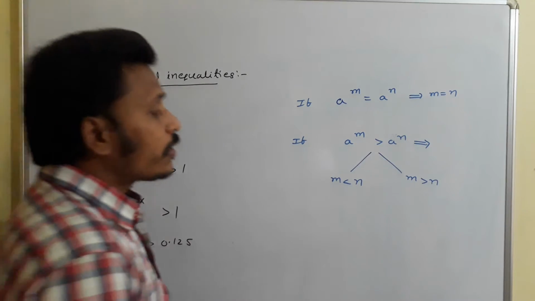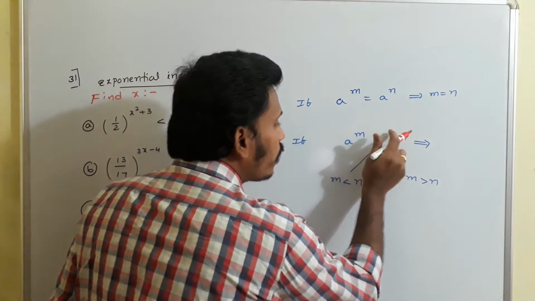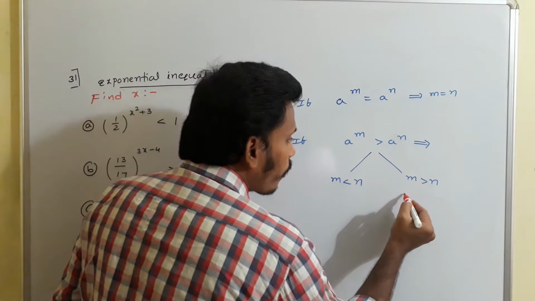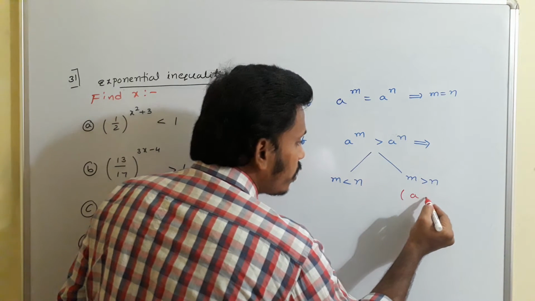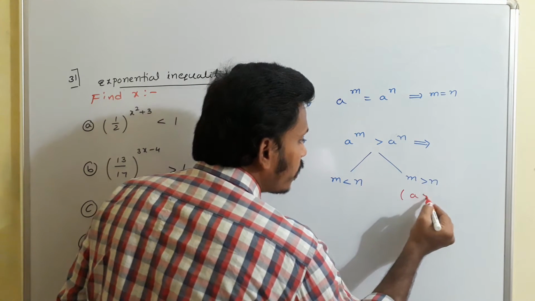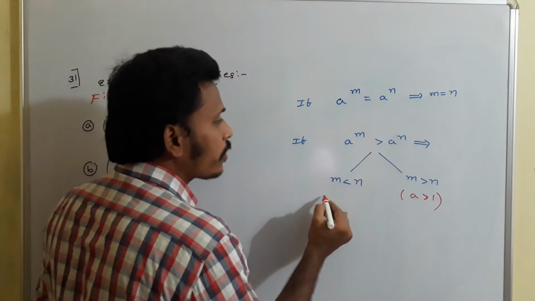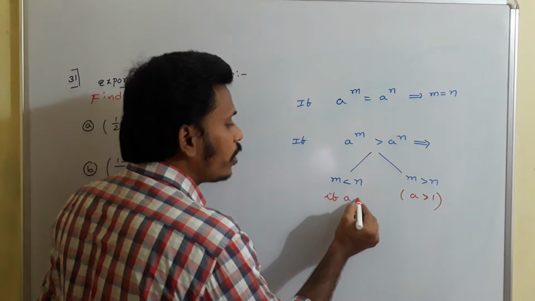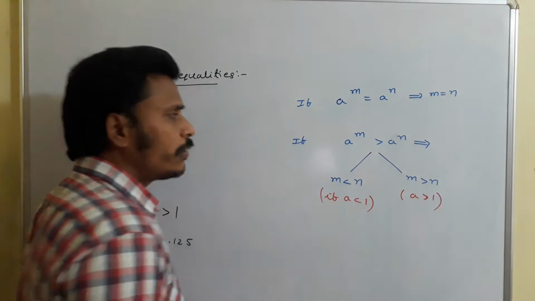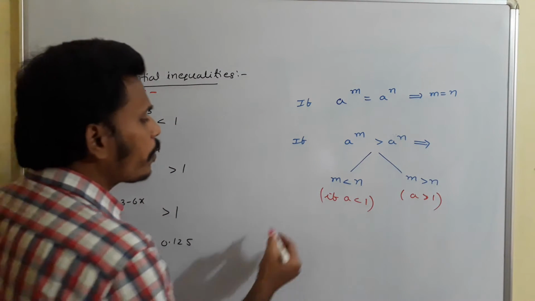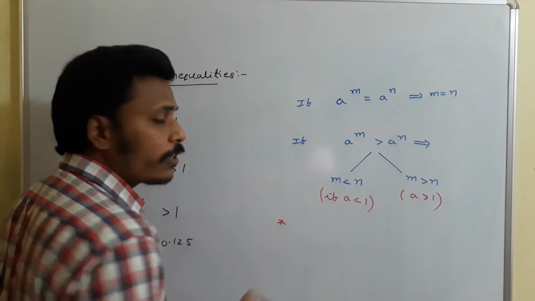Okay? See, we use the same symbol between the powers if a value is more than 1, if a is greater than 1. And we use the opposite symbol between the powers if a value is less than 1. That's it. See, this is just because of the nature of this exponential function.